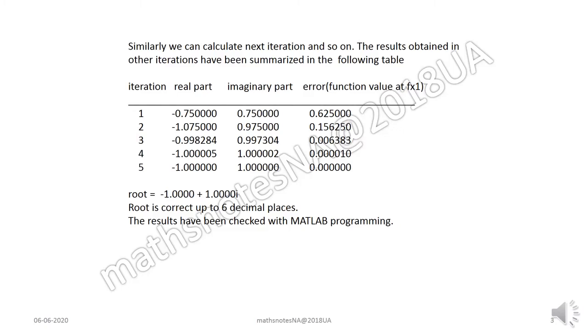So we see there is no difference between the approximated and exact root. So root is minus 1 plus 1i, and it is correct up to 6 decimal places. This result has been checked with the help of MATLAB programming also. Thank you.